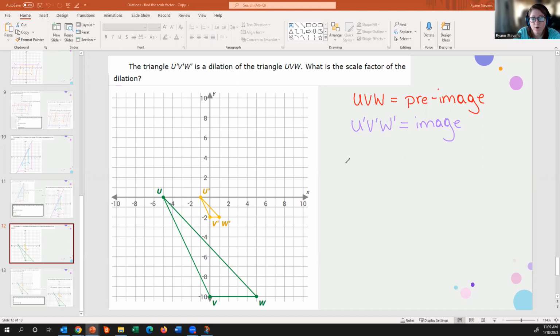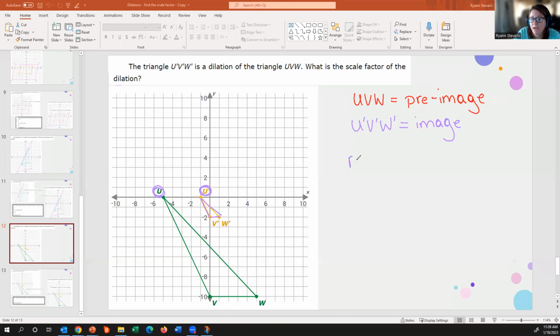So what we want to do first is decide, am I enlarging it or am I reducing this pre-image to get to the image? In this case, my U here is part of my pre-image, and I have to take it to this one here, and this triangle is much smaller than the green triangle.